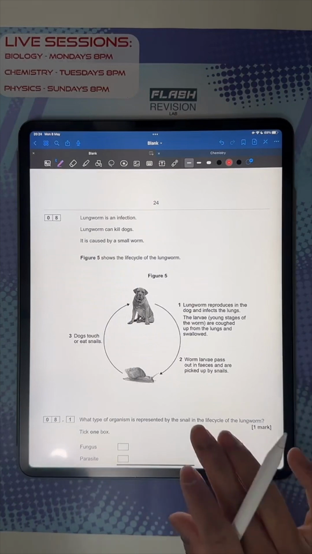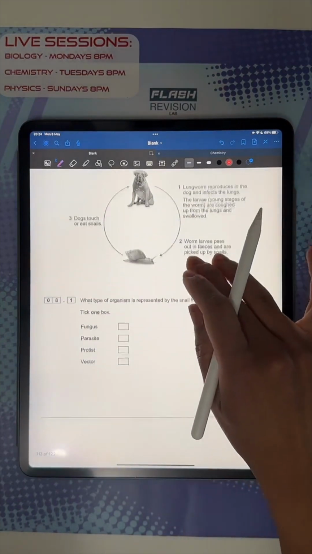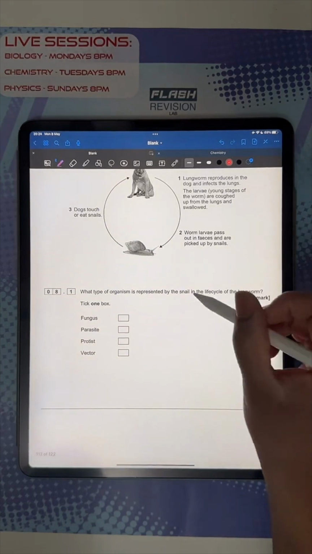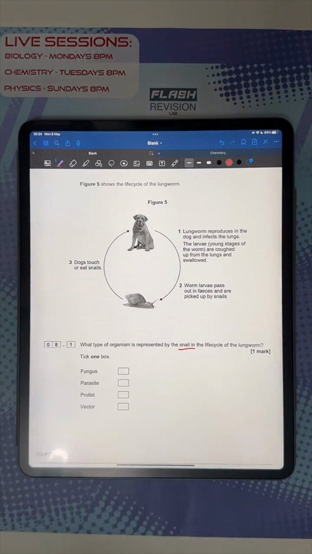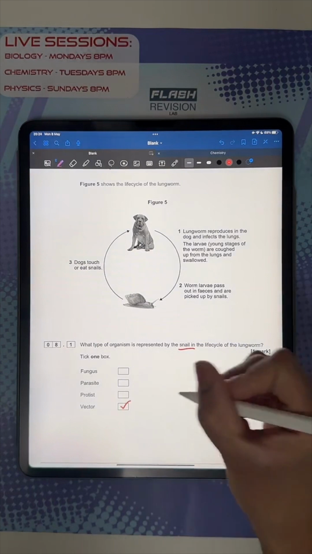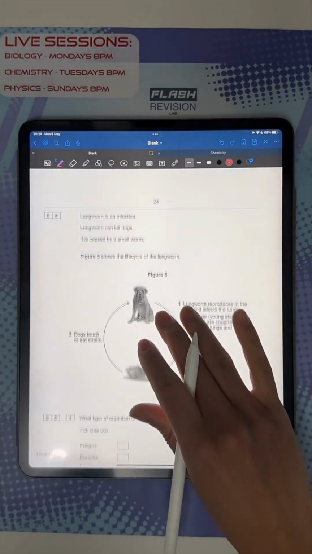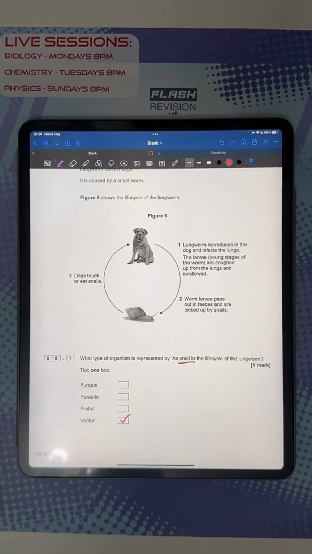Okay, so based on that information, the first question asks, what type of organism is represented by the snail in the life cycle of the lungworm? Which one do you guys think it is? Getting all types of answers here. Right, okay, I'm starting to get the right answers now. Vector. Yes, it is a vector. What is the definition of a vector, anyone? What does a vector do?